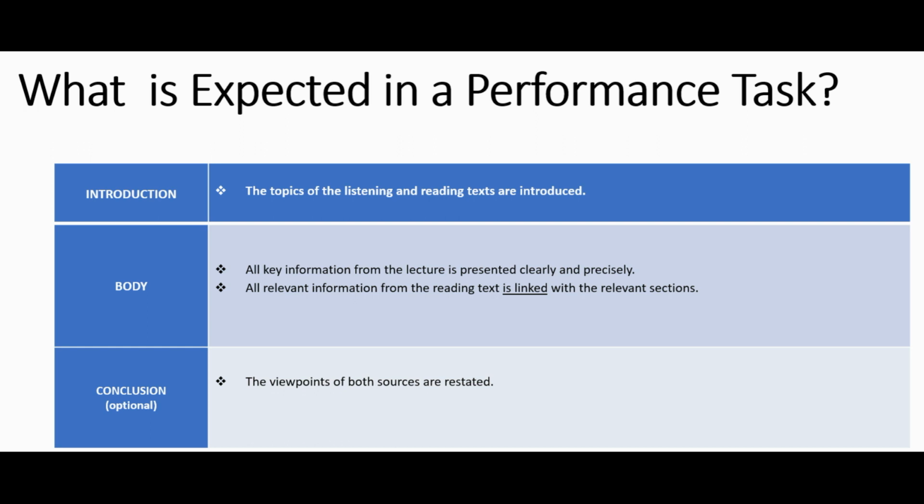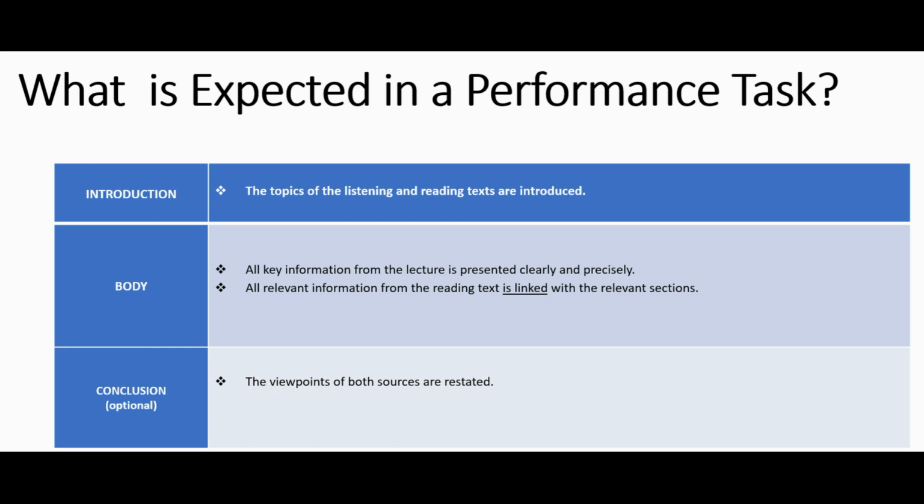Alright, in a performance task, you need to write an introduction first. In the introduction, the topics of the listening and reading text are introduced. For example, the listening may talk about the causes of global warming, while the text might focus on the effects of it. Again, more information on that later. After the introduction, it is time to write our body paragraphs.